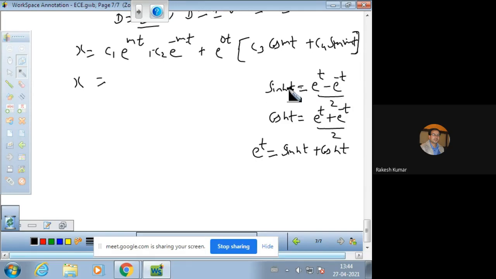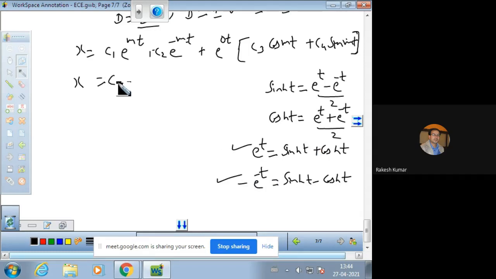When we subtract these two, you have sine hyperbolic t minus cos hyperbolic t, and on this side by subtracting you will have minus of e raised to power minus t. Its value will come. This is by subtracting and this is by adding.